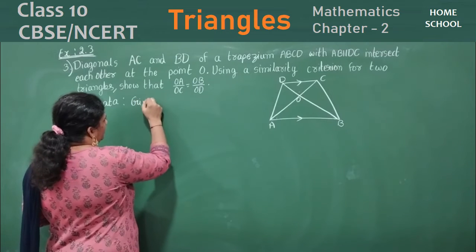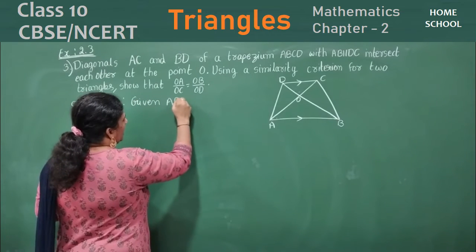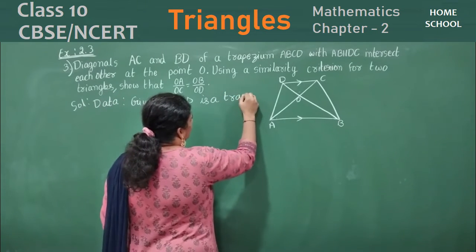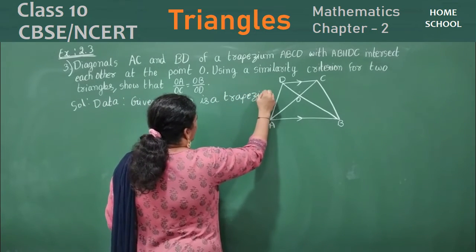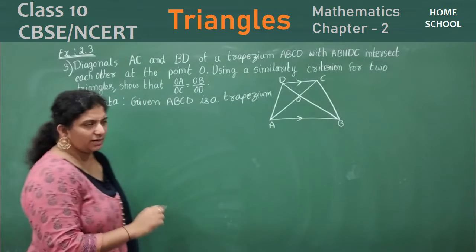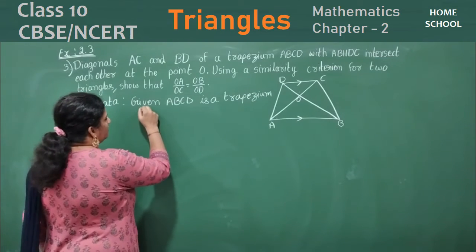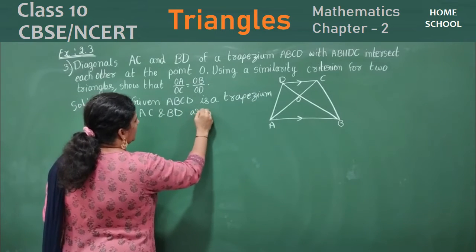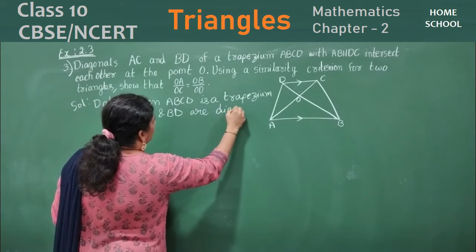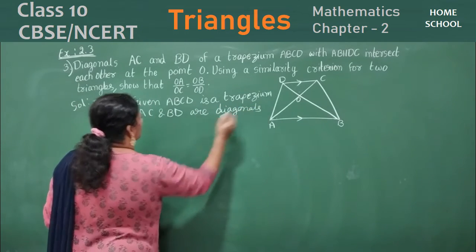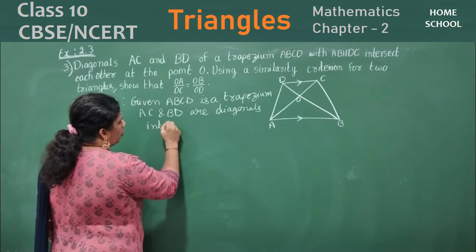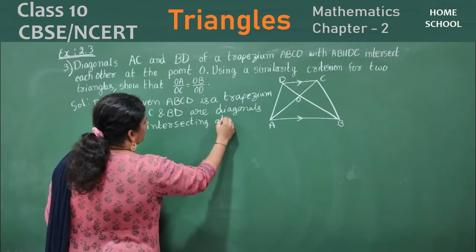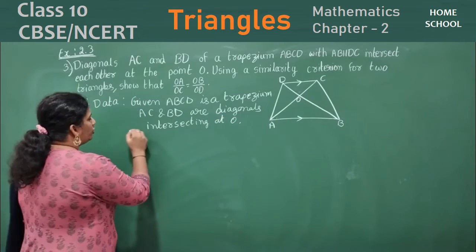Given, ABCD is a trapezium and AC and BD are diagonals intersecting at O.